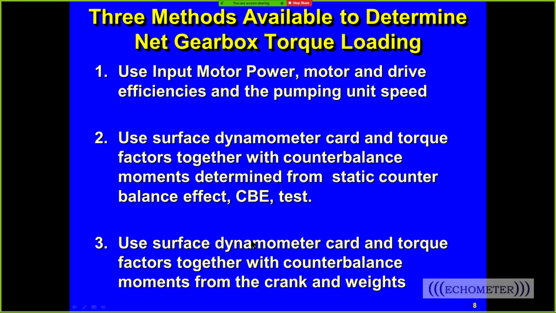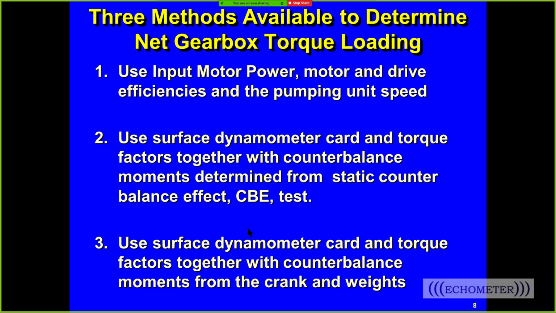And then the third method is similar to the CBE method, in that both of them need a dynamometer card and something called torque factors to calculate the rod torque. But for the third method, we have a database that has weights and cranks in it, the weight of the crank and the weight of the weight and their center of gravity, and you tell the software how far the weights are from the end of the crank, and then that is used to calculate the inches times the pounds, and sums up to be the moment, inch-pounds of moments, like a torque wrench acting around the gearbox shaft.